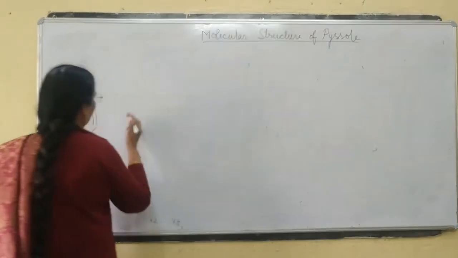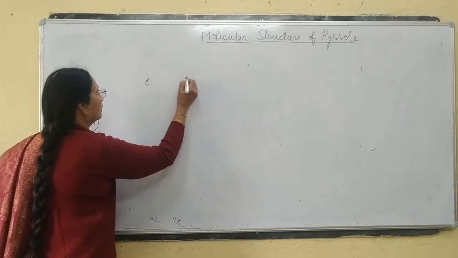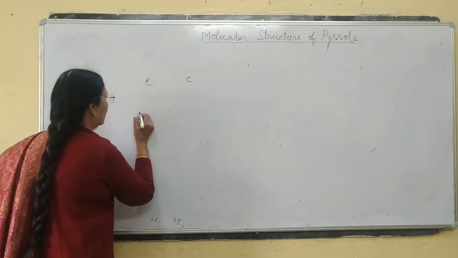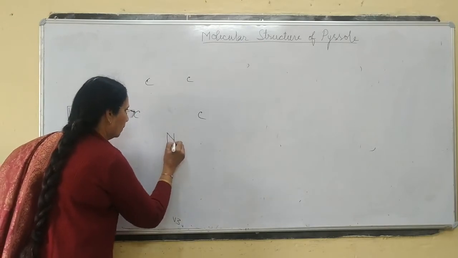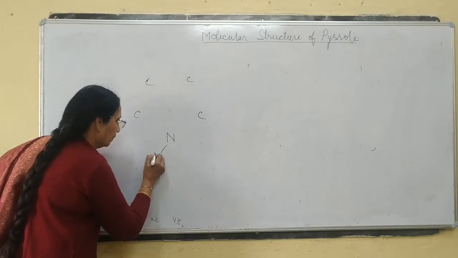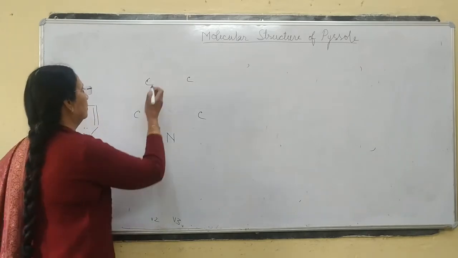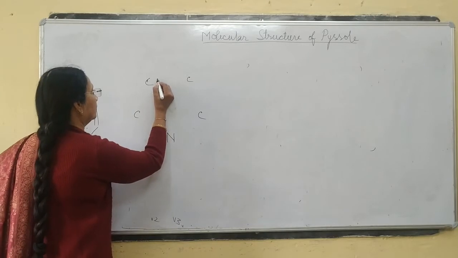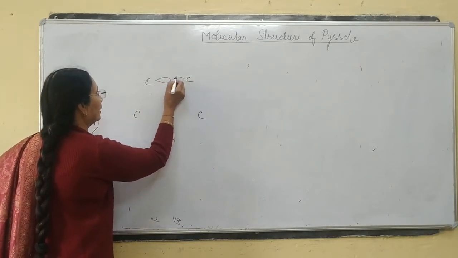So we can write C. This carbon atom undergoes sp2 type of hybridization.